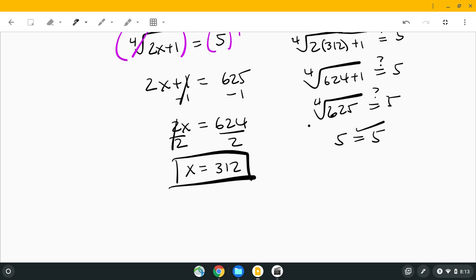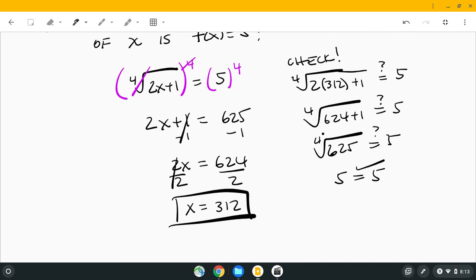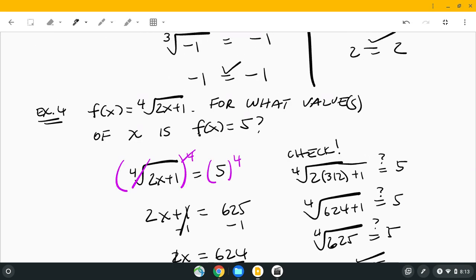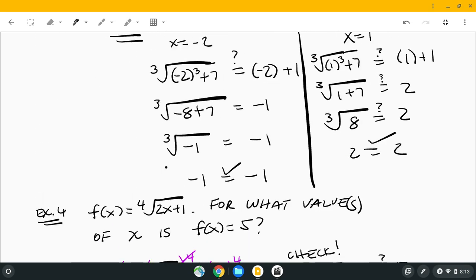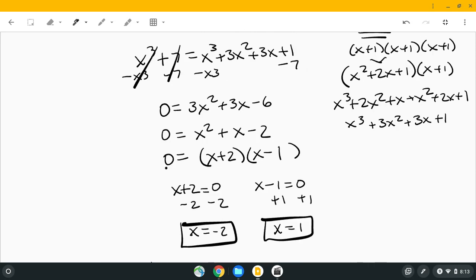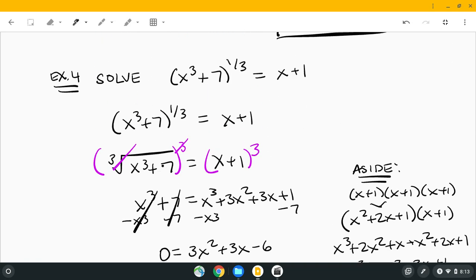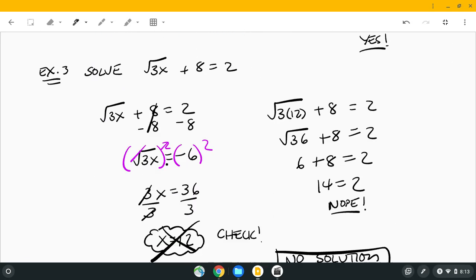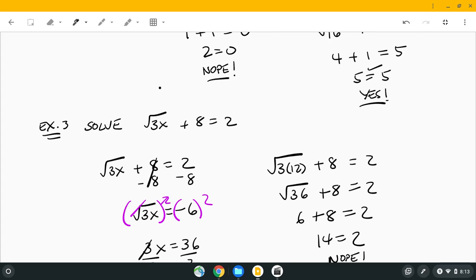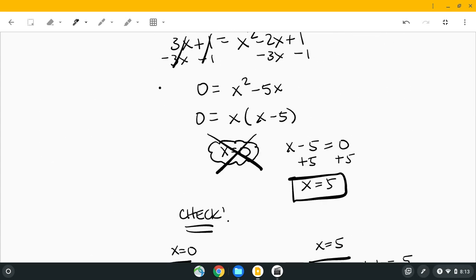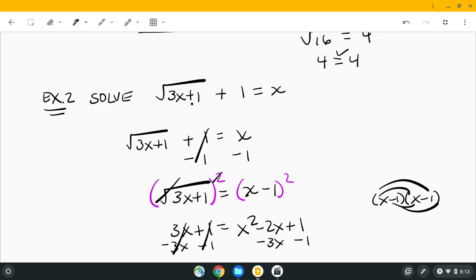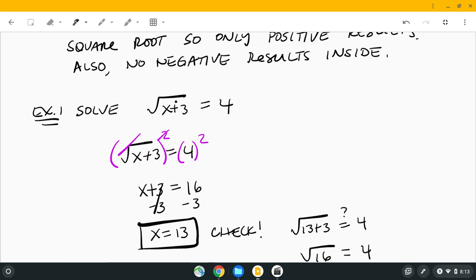Okay, so let's take a look and see what happens if you have two radicals. So far, all of the equations have only had one radical to get rid of. If you see here, just the one radical, right? And over here, just the one radical. And same thing here.